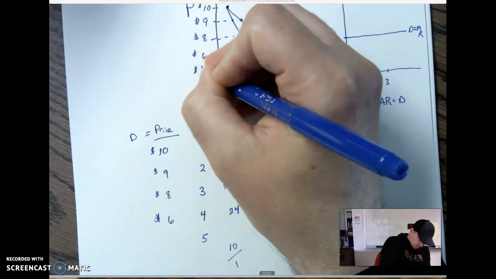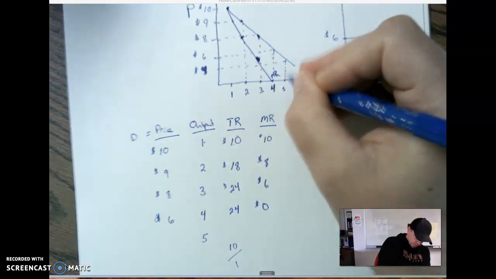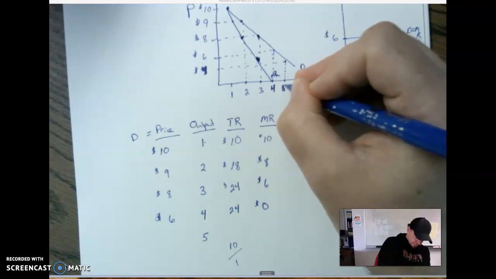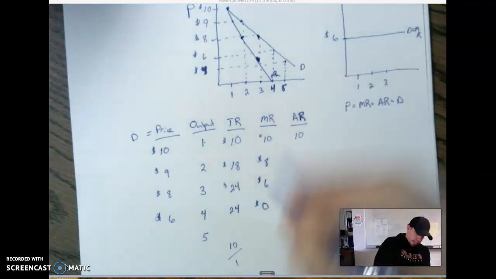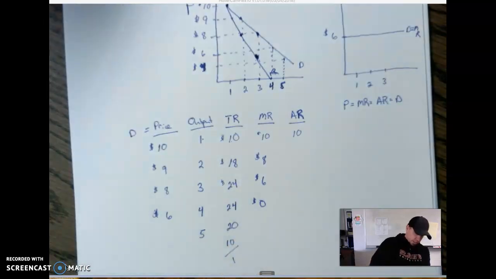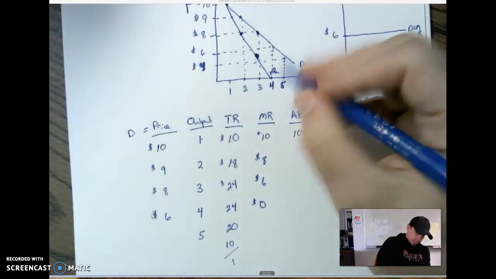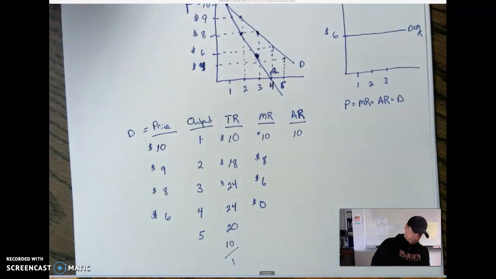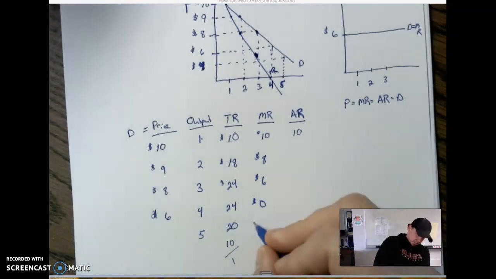What I wanted to say. What's going to happen then is we take 5 times 4, and our total revenue then is 20. And we can see how our marginal revenue would be down here, and it would be negative. In this case, -4.